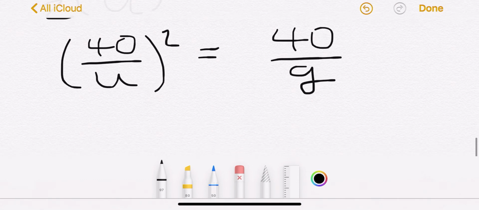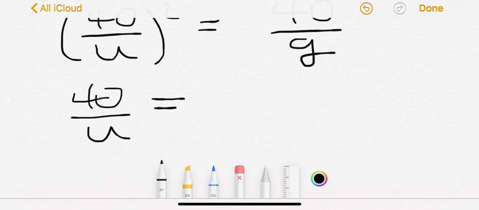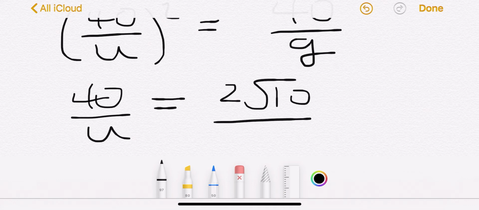Taking a square root, 40 over u equals root 40. Root 40 is 2 root 10 over root g.